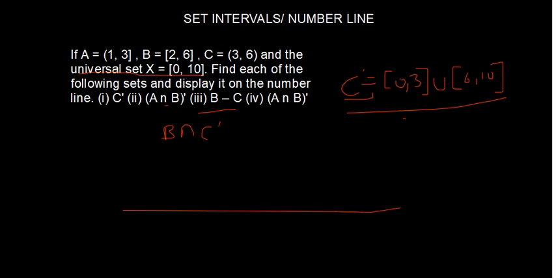So our C complement, this one, is running from 0 up to 3. Okay. Then from 6 to 10.